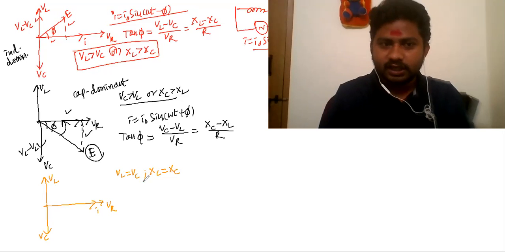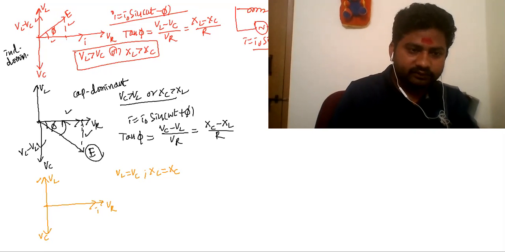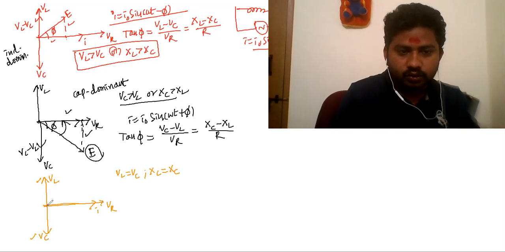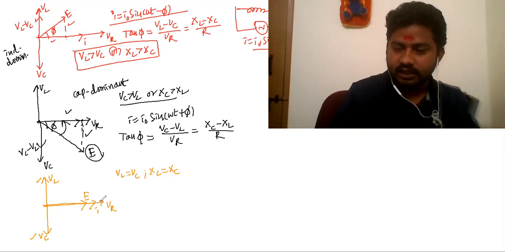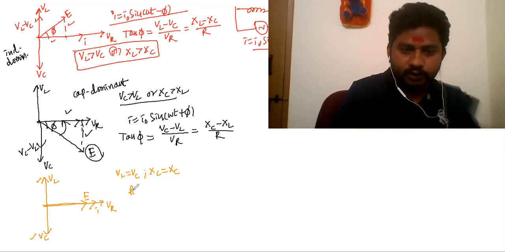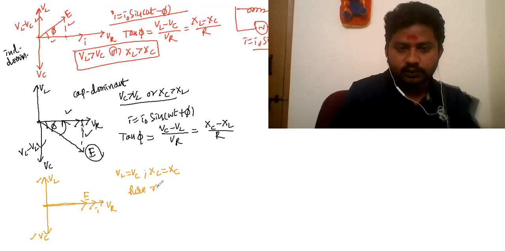Okay. So in this case, what happened? The resultant of these two will be 0. And finally, you get your EMF in the direction of VR. And this is called the pure resistive circuit.